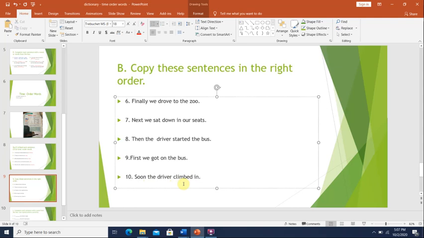Okay, so if I want to arrange these sentences, now we read the time order words and we read the events. What would be the first detail or first sentence? I would say, first, we got on the bus.